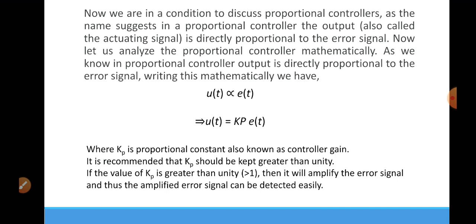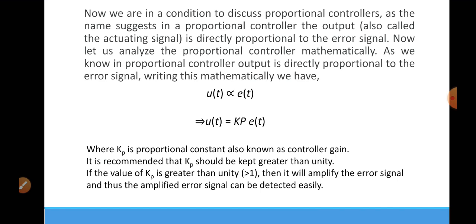So therefore we need to amplify it, and this amplified signal is then given to the plant, where the plant will take corrective action as per the error signal. When I'm saying system, that means it is a plant.